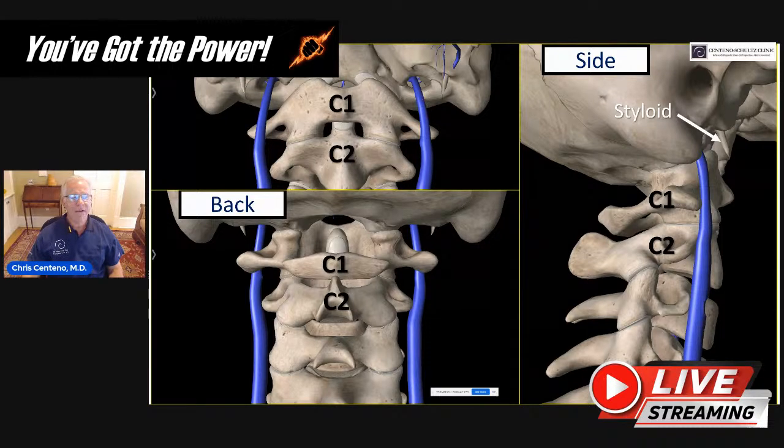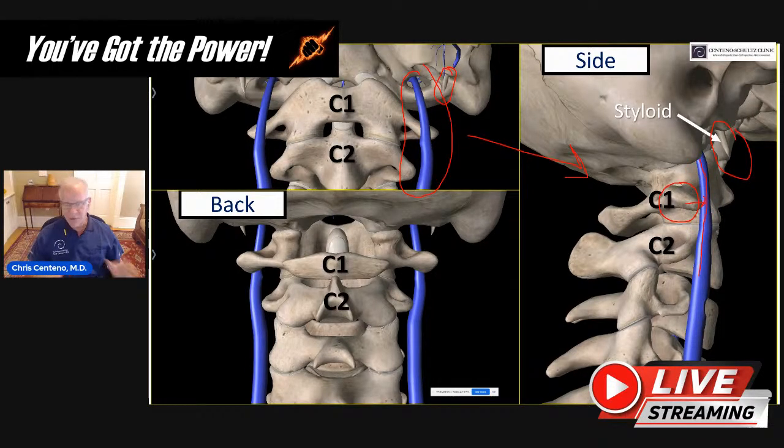Okay, so we have the styloid process out here, and we've got the internal jugular vein coming in here. If we look at the side view, the styloid is there, and then we've got this lateral aspect of C1, which can be close to the internal jugular vein, which is running right here.